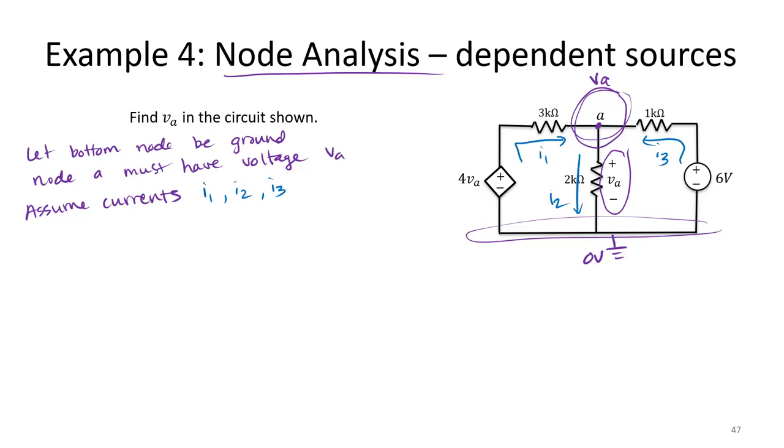And so in this case, notice all of a sudden that our dependent source comes into play. Well, what does our dependent source depend on? Here our dependent source just depends on VA. It's already related to the unknown voltage.